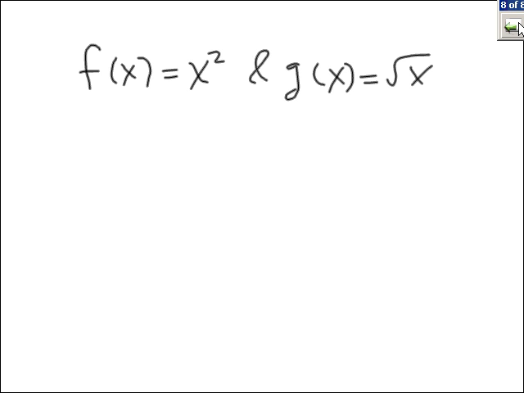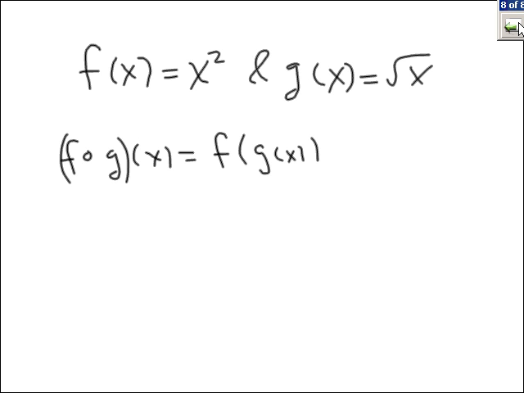Let us compute f circle g of x. Let's see if they're inverses. This is f of g of x. And g of x, well, that's given. It's the square root of x. So it's f of the square root of x.